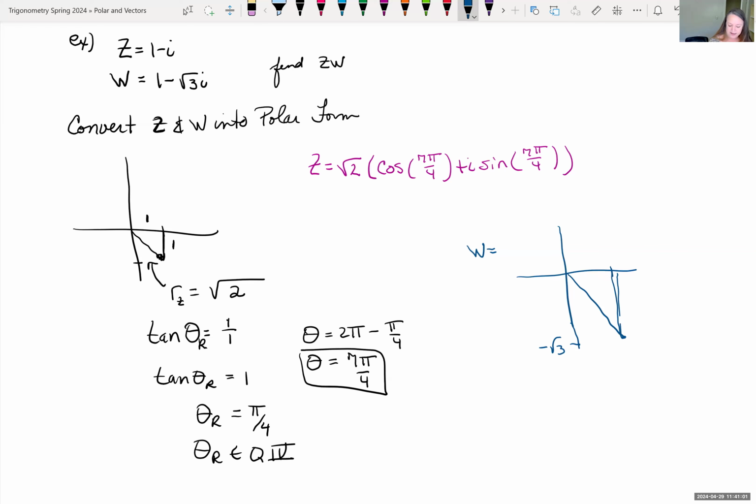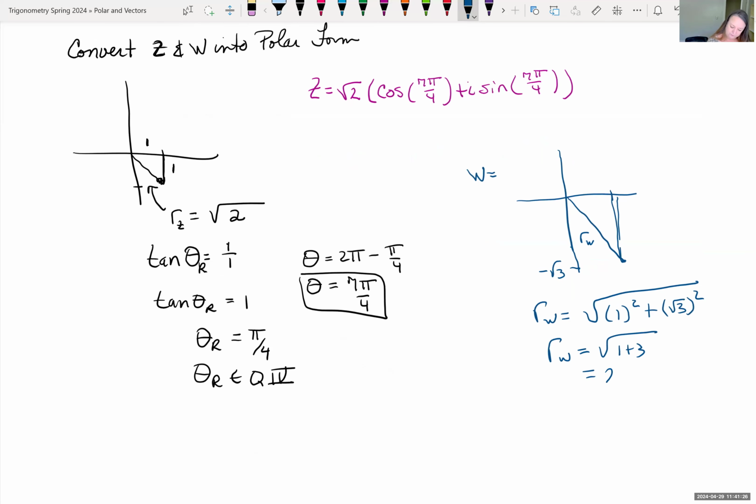We want to find the r value for w. So r sub w is the square root of 1 squared plus root 3 squared. So square root of 1 plus 3, square root of 4, is 2.